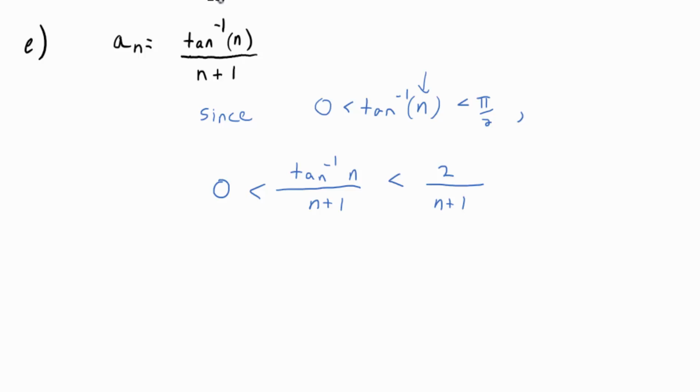So where am I going with this? What's the limit of the right-hand side as n goes to infinity? 2 over n plus 1. Denominator increases without bound, numerator stays the same. 0. What's the limit of the left-hand side? 0. The limit of 0 as n goes to infinity is 0. So what's the limit of the function squeezed in between? 0.